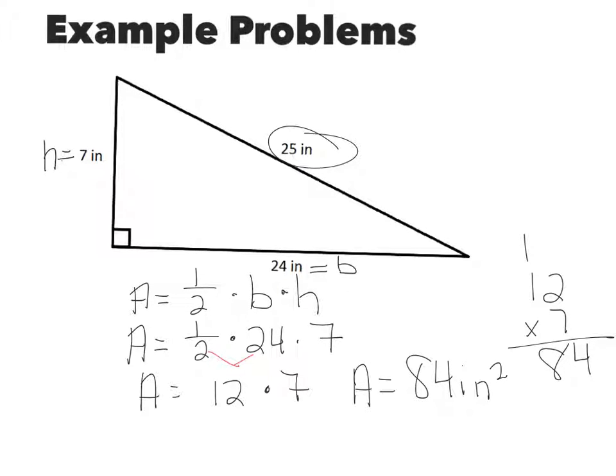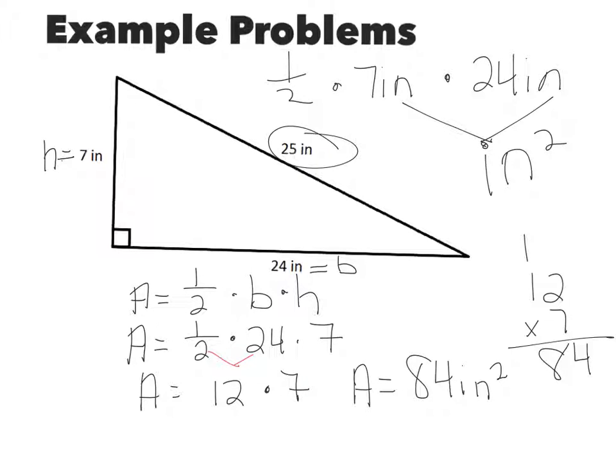And remember, we talked about why it's inches squared, because you have 7 inches times 24 inches, and times that half. This inches times inches creates inches squared, because you are multiplying inches twice, an inch and an inch, which means inches squared.